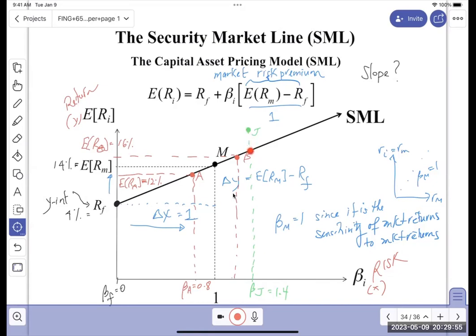So what they're going to do is offer money for J, and to buy asset J, they're going to offer higher and higher prices because the other investors are going to think the same thing, right? So as a result, they're going to bid up the price of J.